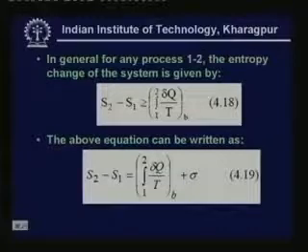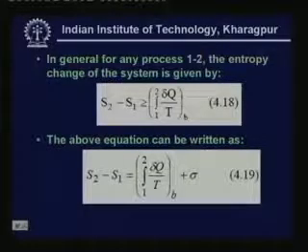And again this greater than sign holds good for an irreversible process, and the equal to sign holds good for a reversible process. This is again the follow up of whatever we have concluded in the earlier slide. That means, for a reversible process, S2 minus S1 is the integral of δQ/T, whereas for an irreversible process, the entropy change will always be greater than the integral of δQ/T for the process 1 to 2.